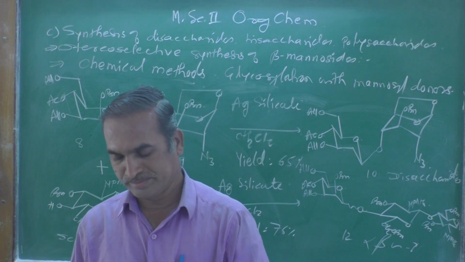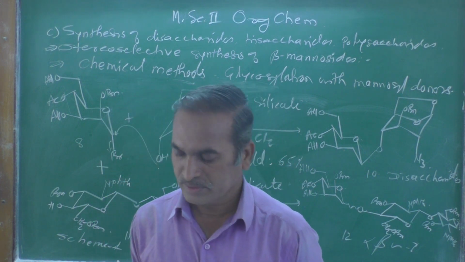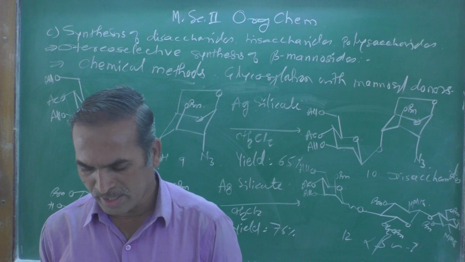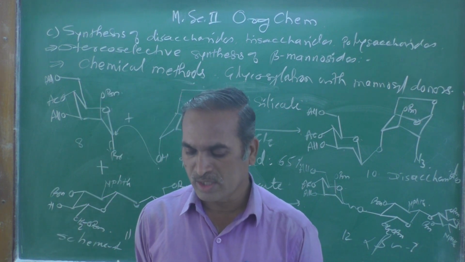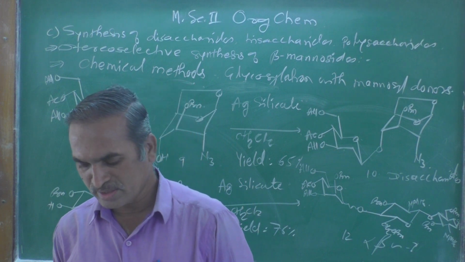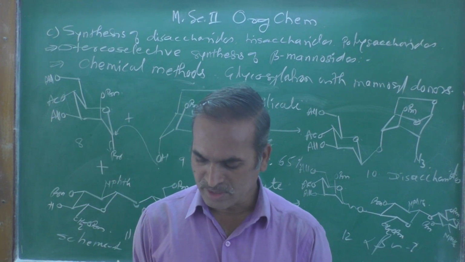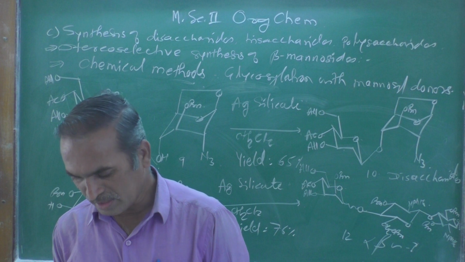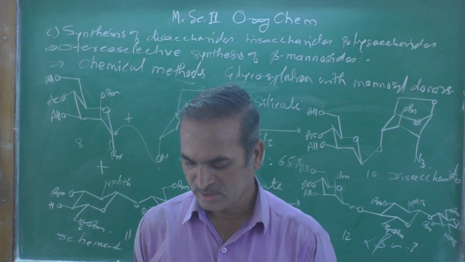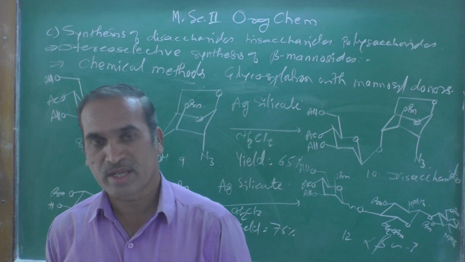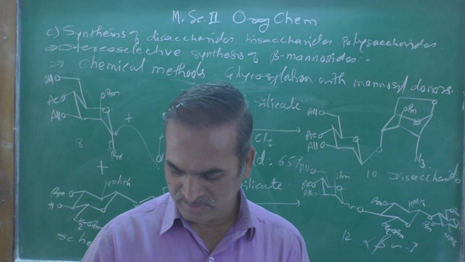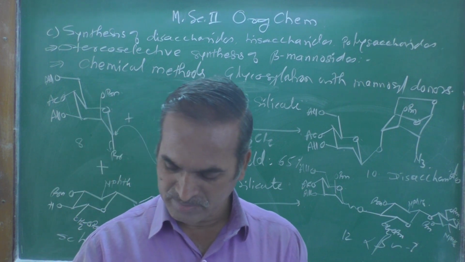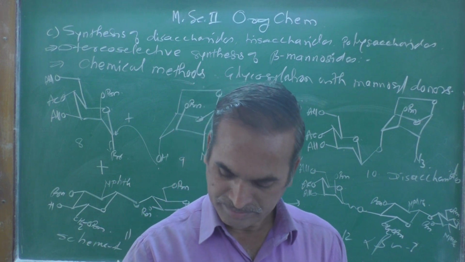So a more predictable approach to this problem has become possible by Bockel's recognition that an electron withdrawing acyl substituent at O4 in a mannosyl donor promotes beta selectivity, whereas such a substituent at O3 and O6 reduces it. Highly reactive donor acceptor combinations seem exempt from this rule.